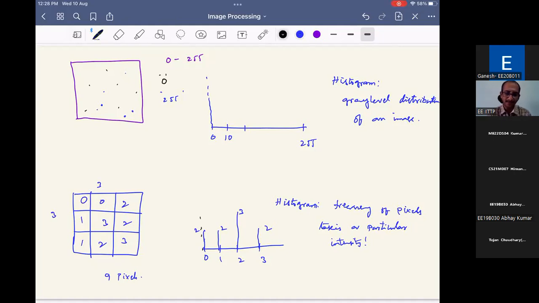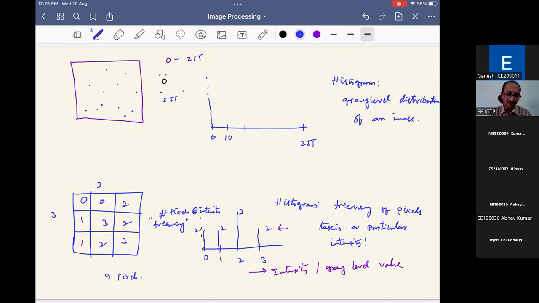Here the x-axis is intensity, the gray level value, and the y-axis is whatever we have currently plotted: the number of pixels at that intensity, or the frequency of taking that particular value of intensity.